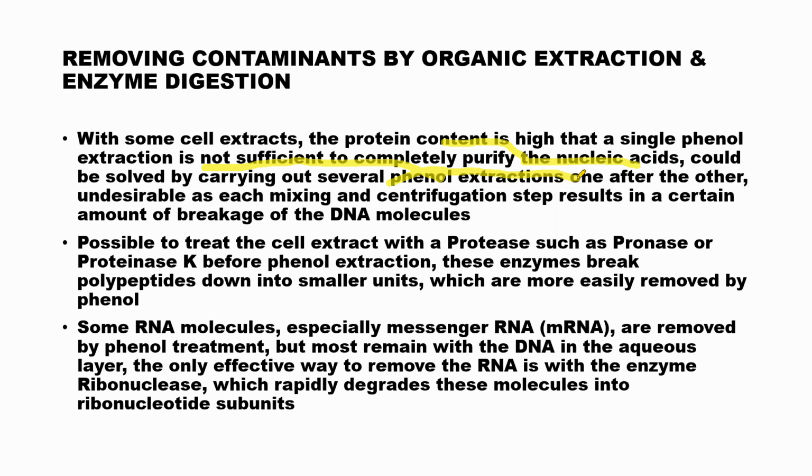Again, we add a 1:1 volume of phenol chloroform mixture, mix well, go for centrifugation, and again remove the aqueous layer. Like that, we have to continue phenol extraction more than one time. But if we are doing that, there is an issue. What is the issue? Each mixing and centrifugation step may result in a certain amount of breakage of the DNA. So that is the issue.